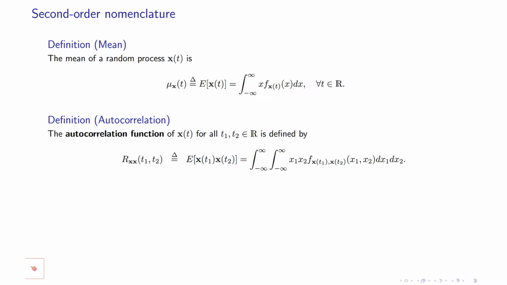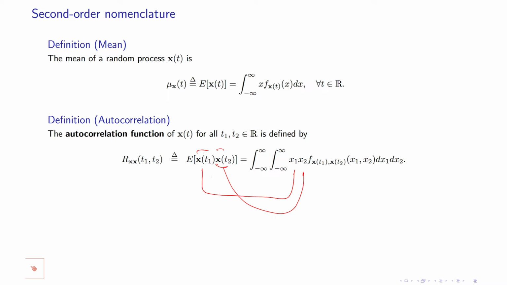And obviously, when you want to calculate the expected value of the product of two random variables, you need to have the joint distribution of the two random variables. So the values that this guy takes on is x1, the value that the second one is taking is x2, and then the joint distribution of these two random variables.